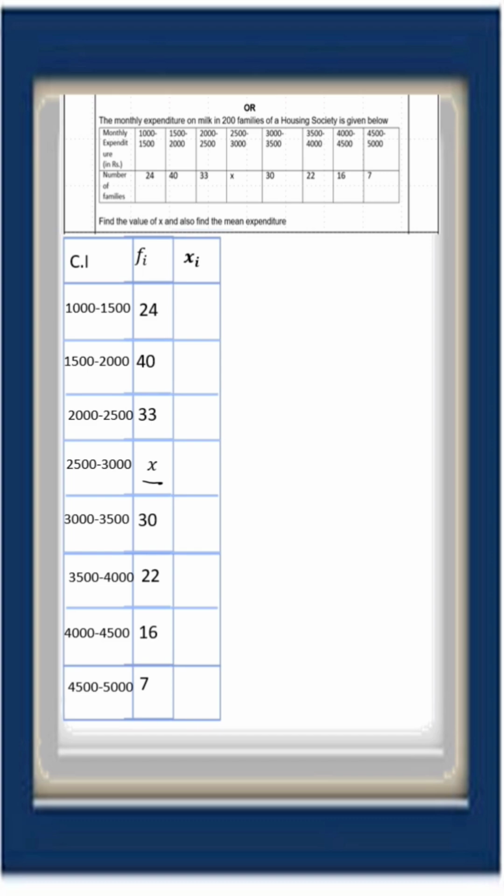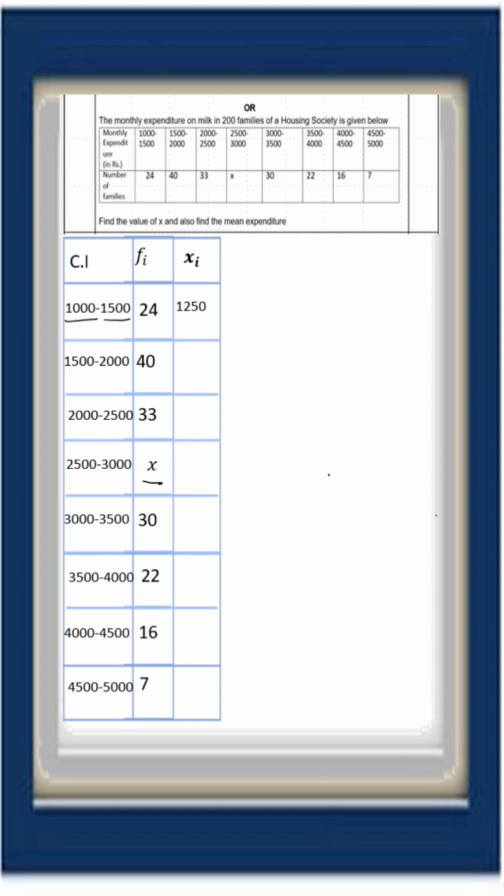To find xi, add these two. What is it? 2500 divided by 2. What is it? 1250. Now what is the class size? 500, isn't it? Now go on adding 500 to each midpoint to get the midpoint of the next class interval.